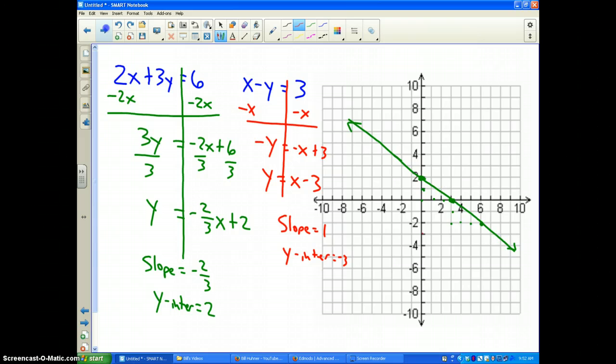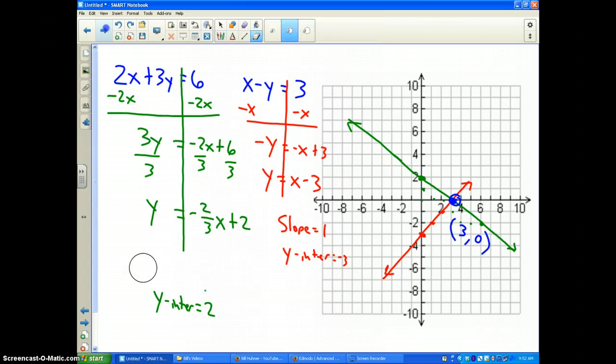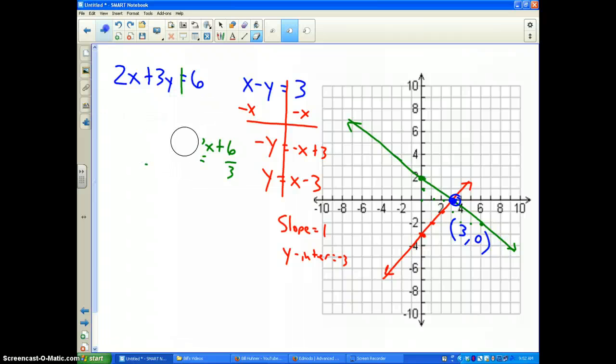So let's plot the y-intercept down here and a slope of 1. I go up 1, over 1, up 1, over 1, and it looks like our graph should go something like that. Wow, that looks like it works out pretty good. There's the intersection point, which actually is the coordinate 3, 0. So I'm guessing that's our solution based on my smartboard as best I can.